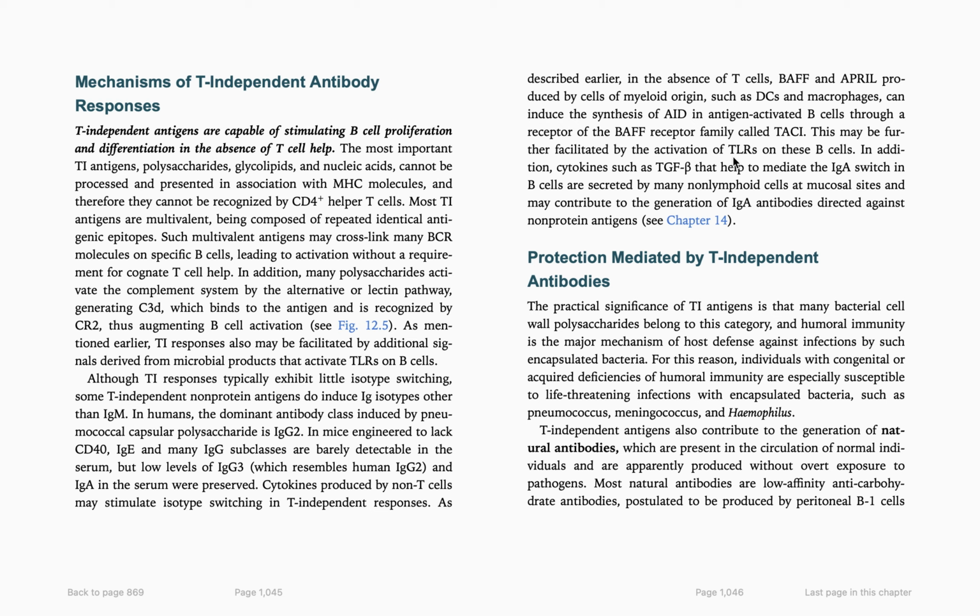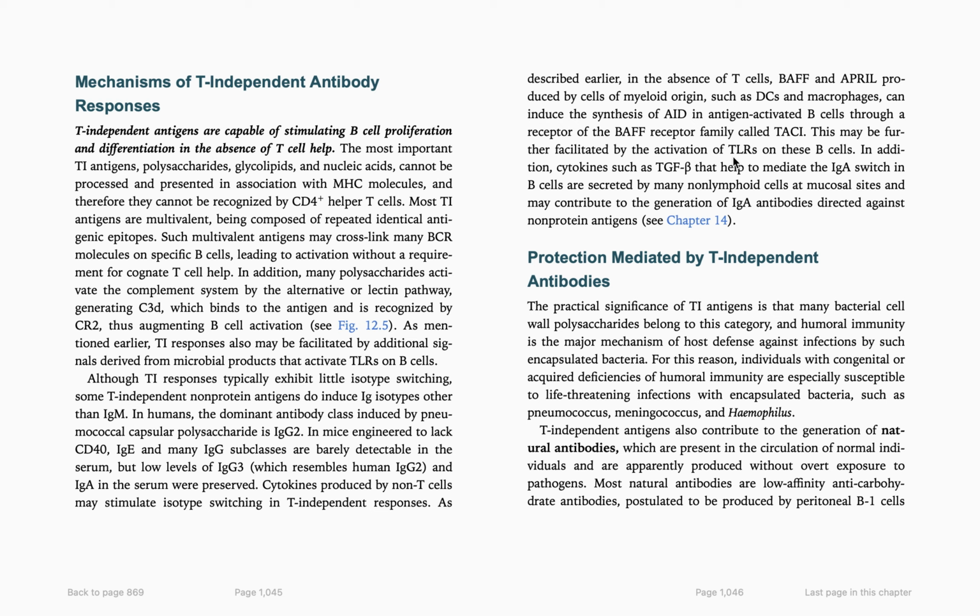Mechanism of T-independent antibody response. T-independent antigens are capable of stimulating B cell proliferation and differentiation in the absence of T cells. The most important TI antigens, polysaccharides, glycolipids, and nucleic acids, cannot be processed and presented in association with MHC molecules, and therefore they cannot be recognized by CD4 T helper cells. Most TI antigens are multivalent, being composed of repeated and identical antigenic epitopes.